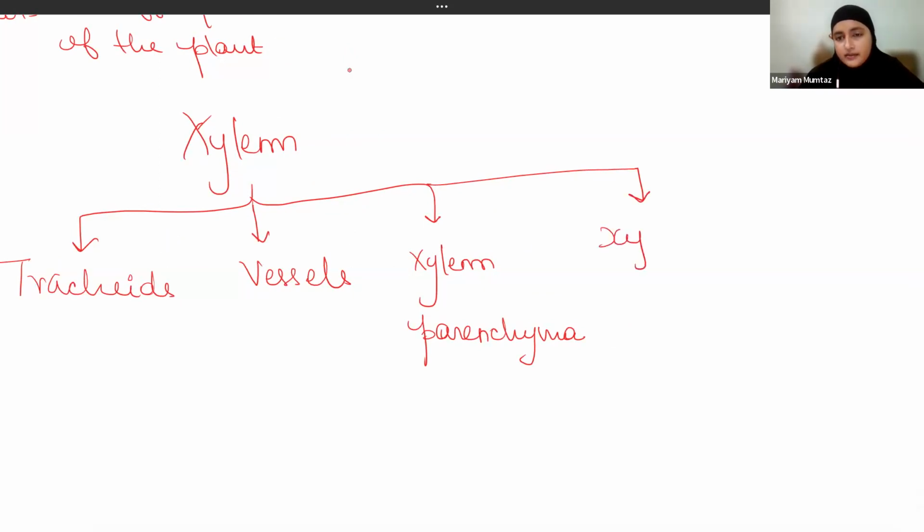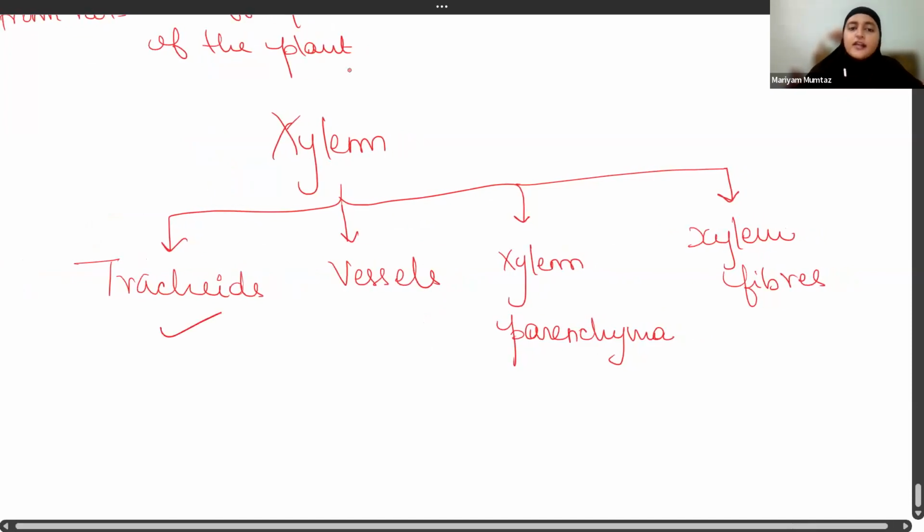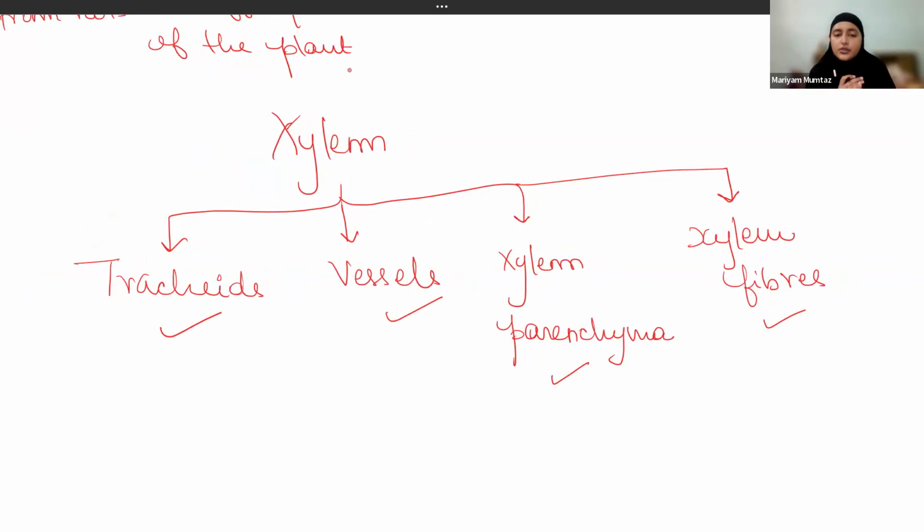It is the xylem fibers. Okay, so these four structures, tracheids, vessels, xylem parenchyma, and xylem fibers, are the constituents of the xylem. So the xylem consists of all of these four things. Is it clear?